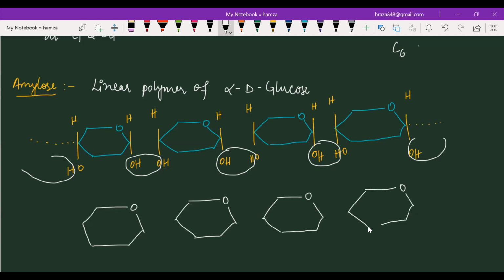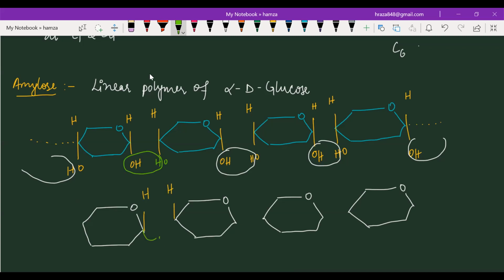Now you can see if you are going to remove this, there was H left, there was H. So in between these two, this is wrong, wait, this is H. So that H2O we are going to remove. So what happens?